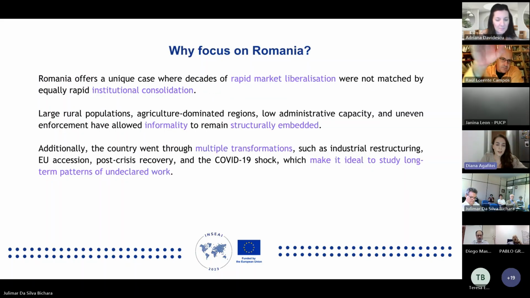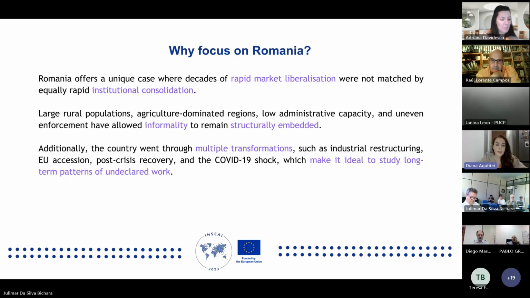Why this focus on Romania? Not only because all the authors are Romanians, but also because Romania is an interesting case study for this phenomenon. After exiting the communist era in 1989, Romania has experienced a rapid market liberalization, which was not matched by equally rapid institutional consolidation. This left important institutional blind spots that allow for informality to remain structurally embedded.